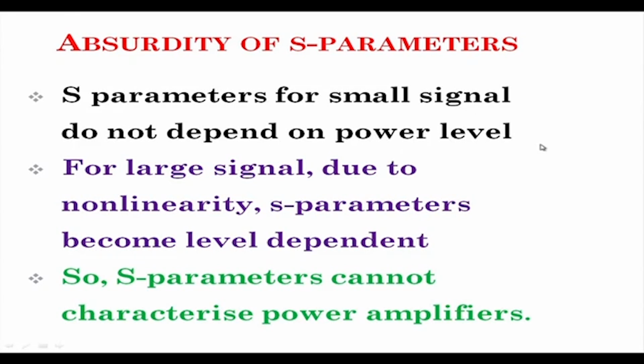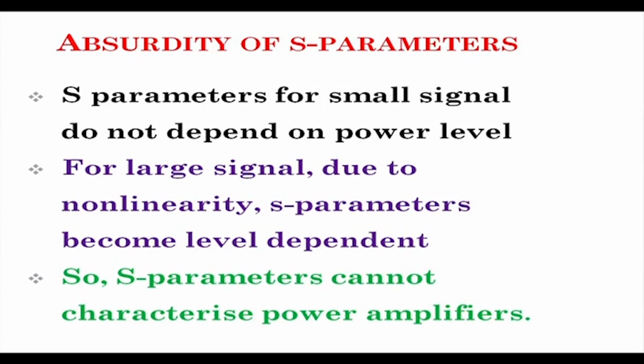There we have seen that for any voltage or current, reflected and incident, we take that ratio. But for large signal, due to nonlinearity, S parameters also become level dependent. We have already seen they are frequency dependent, and we also said they are bias dependent. At large signal they are highly signal dependent.